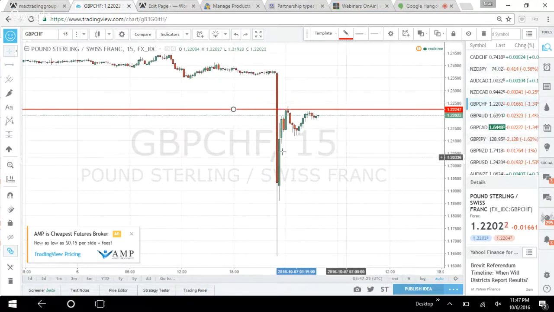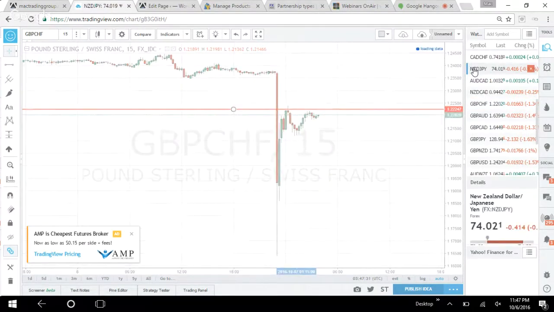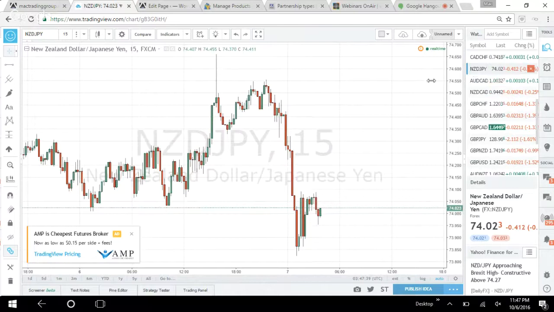All right. Now let's look at the JPY pairs. NZD JPY. All right. You see this formation right here? See like the little M setup right up in here? That's NZD JPY, okay?